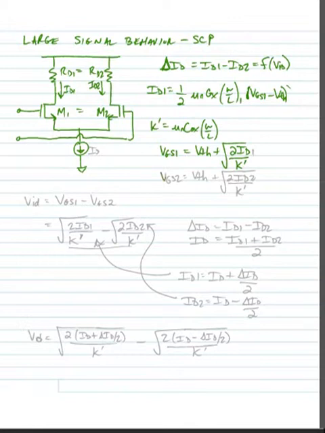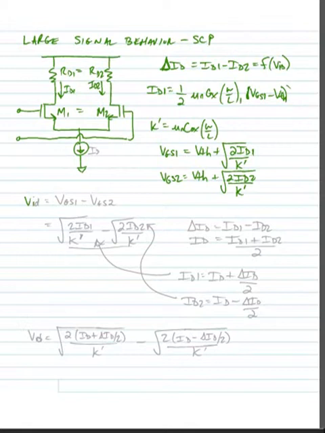Now we could do a similar thing in solving for VGS2. We would find VGS2 is equal to VTH plus the square root of 2 times ID2 divided by K prime, assuming that the transistors' W over L is equal.